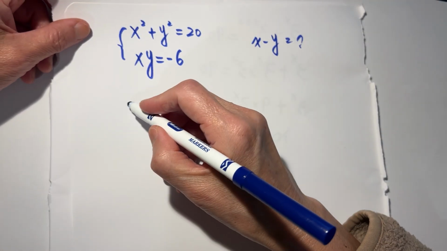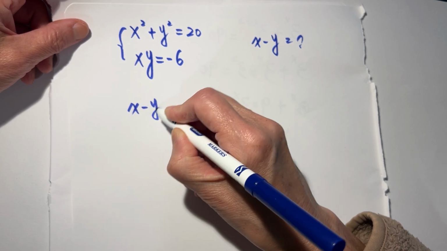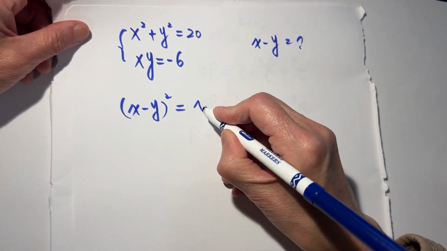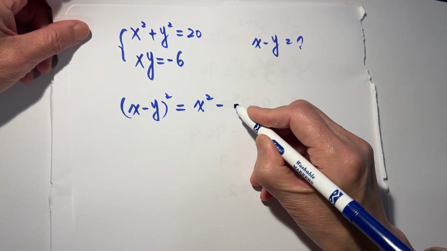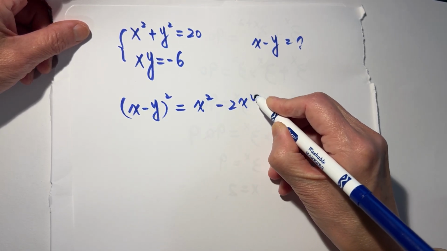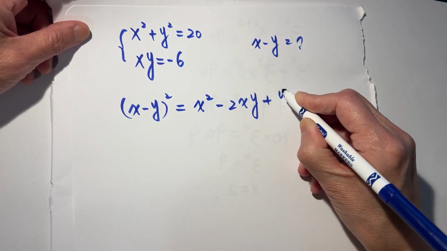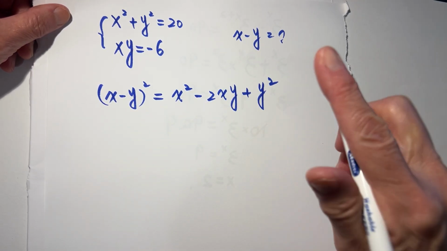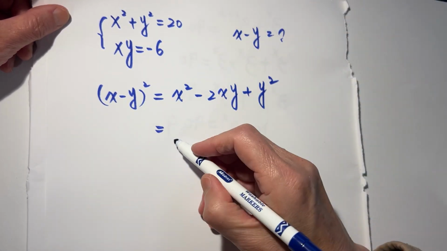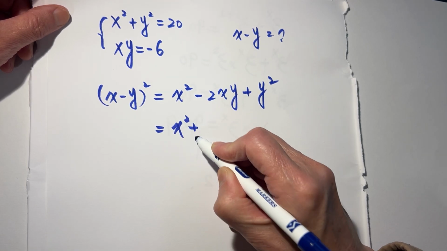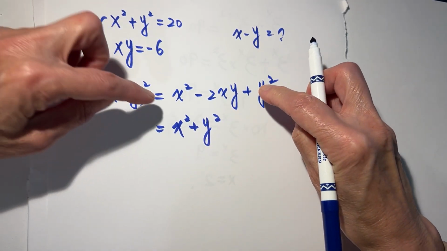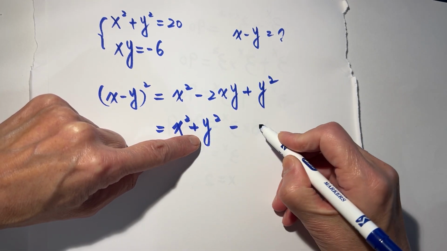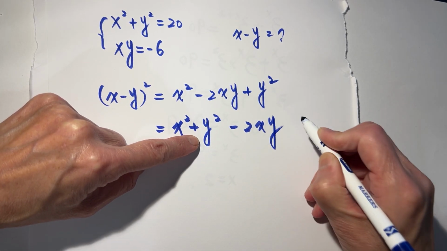Now we will use this: (x minus y) squared equal to x squared minus 2xy plus y squared. Right? We know this formula. Now I rewrite a little bit so that we can see: x squared plus y squared minus 2xy.